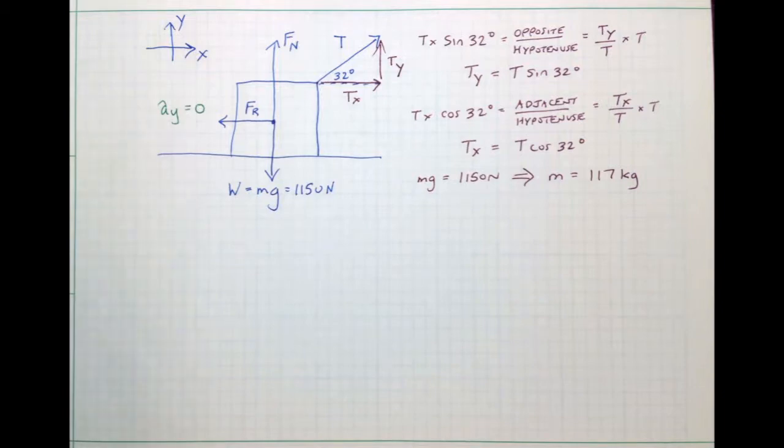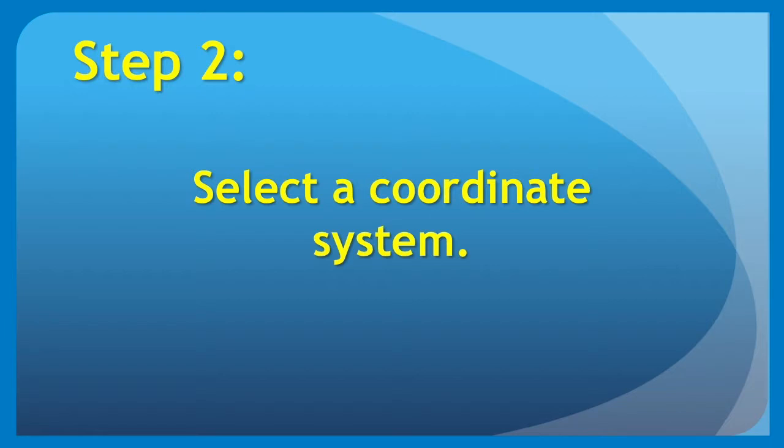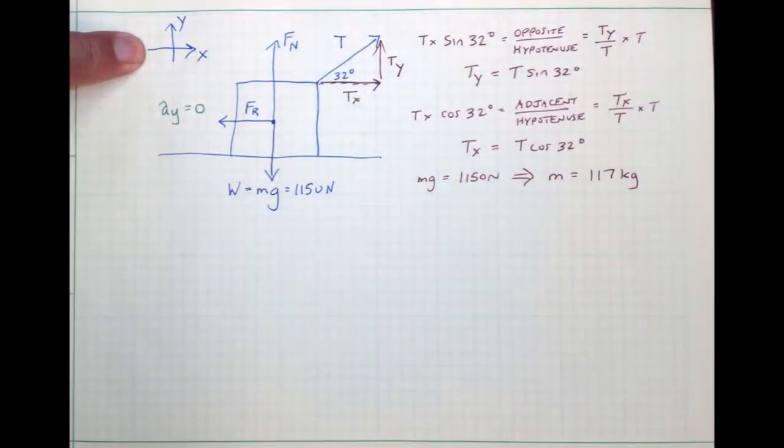So now, with the inclusion of this new friction force, we have drawn a diagram showing all the forces acting on the object. Step 2 in the problem-solving process is to select a coordinate system, and we will remain with this coordinate system from the previous problem, with x being horizontal, positive to the right, and y being vertical, positive upward.